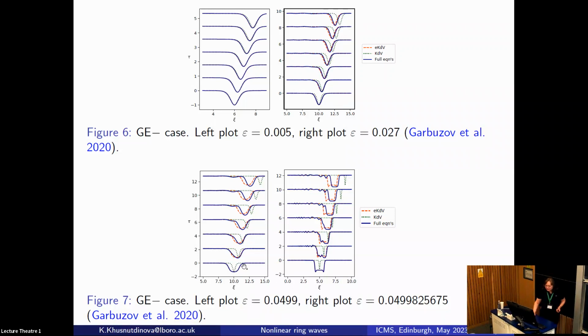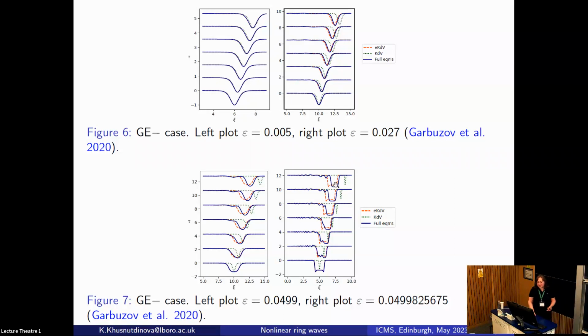And now KdV is completely irrelevant. It's very narrow. Blue, not so good as initially, but still red is much closer to the blue than green. And finally, when we take essentially the limiting value of epsilon, the approximate solution develops these funny horns, so the shape is not the tabletop soliton, but if you initiate 3D numerics with this initial condition, it very quickly finds the true tabletop soliton, which is shown here, okay?